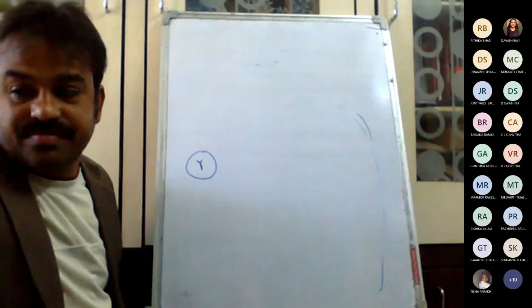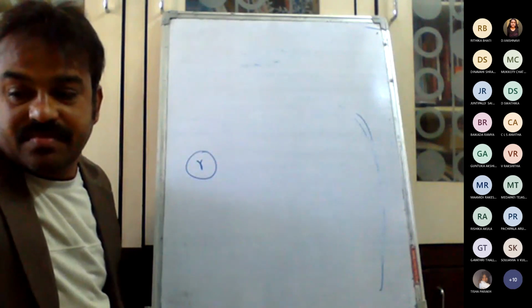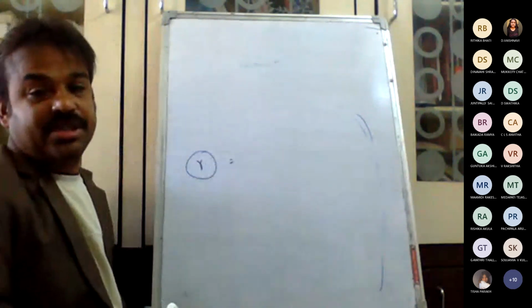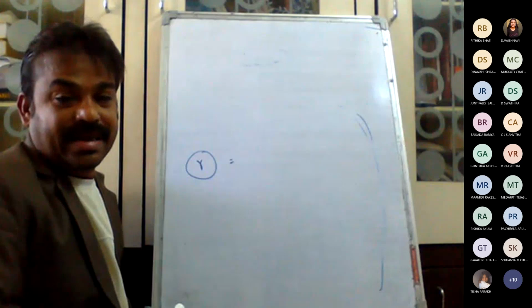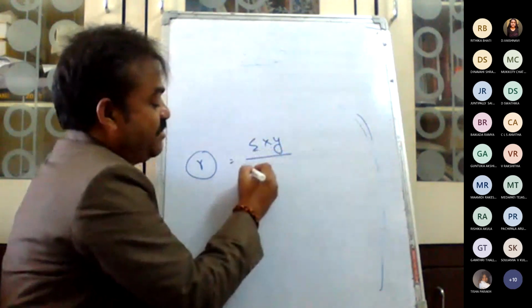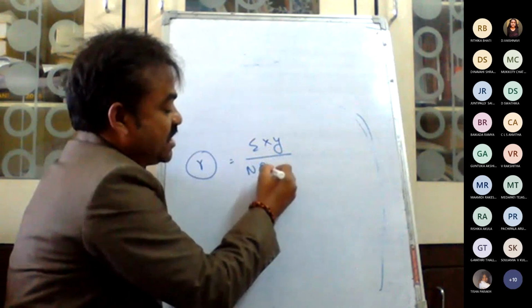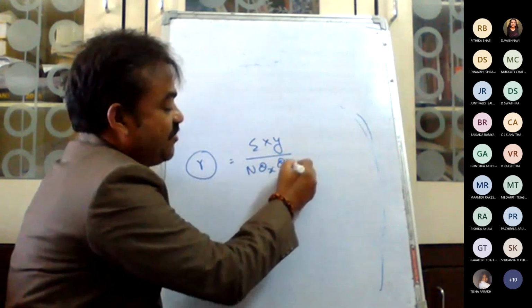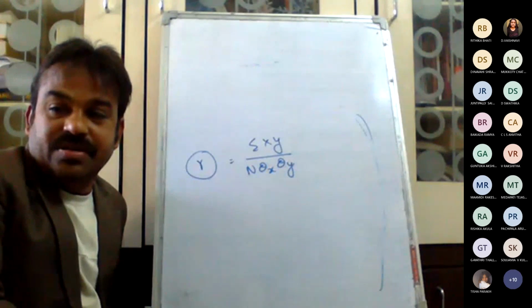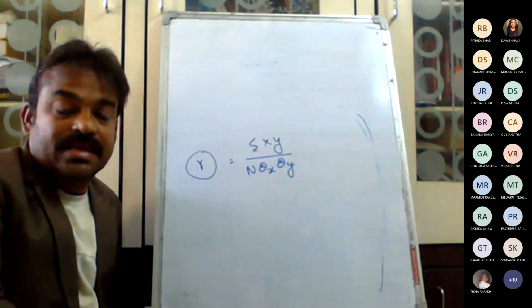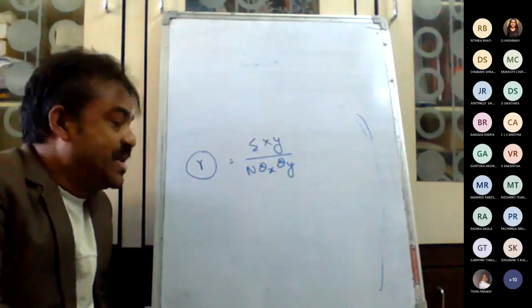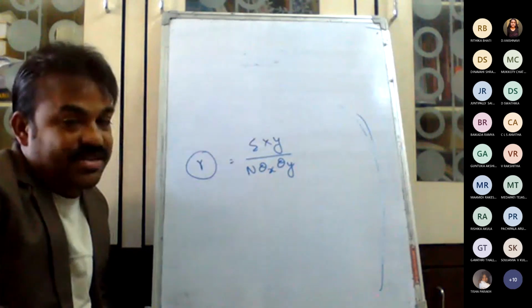R. R is equal to correlation, which is equal to sigma xy divided by n into standard deviation of x and standard deviation of y.